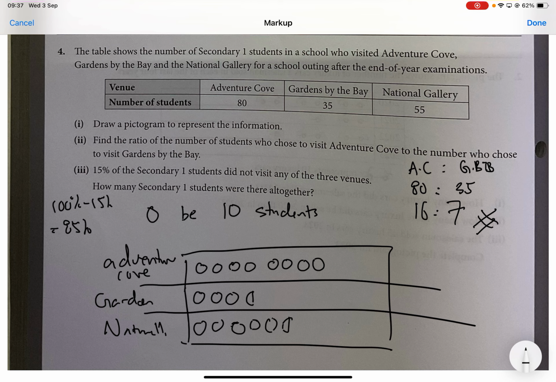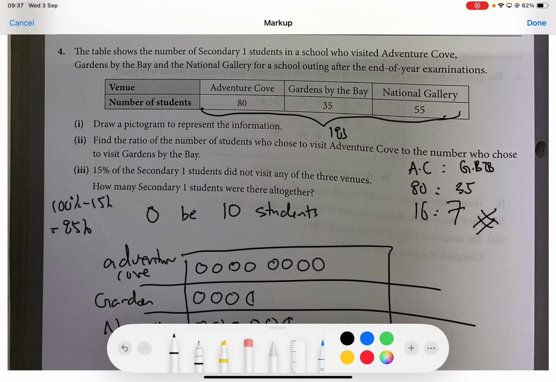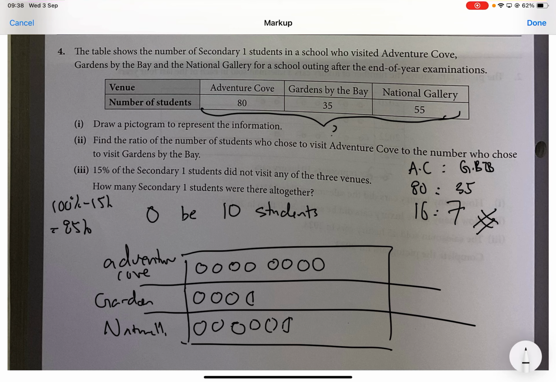Because 15% never go to any of here. So actually what they are telling you in part 3 is, here makes up 85%. Then there is 15% that did not go to any of these places. Did not go to these venues.